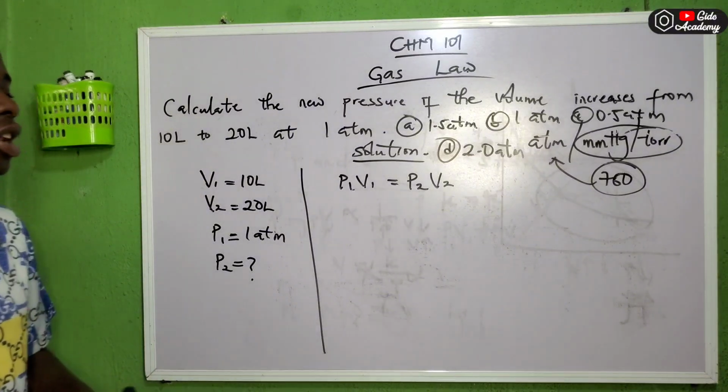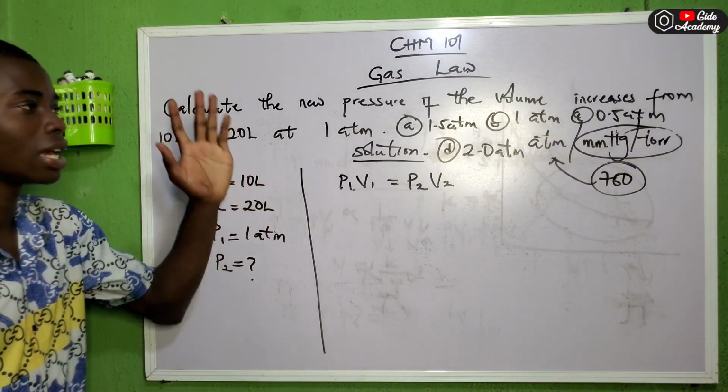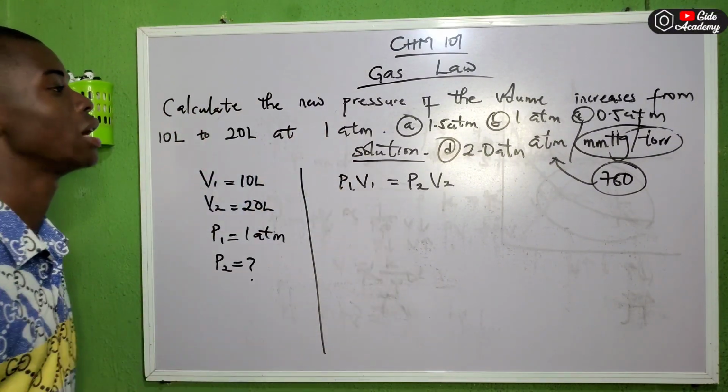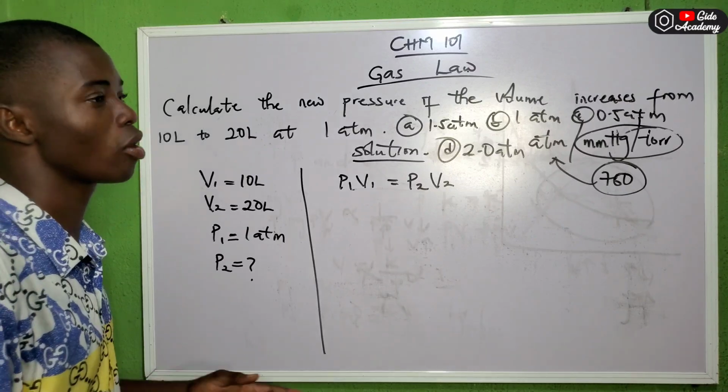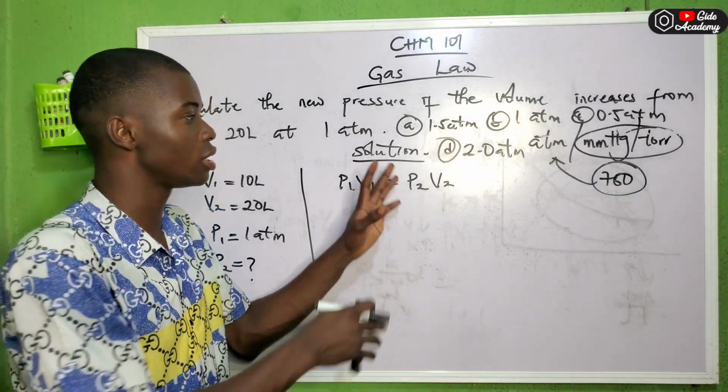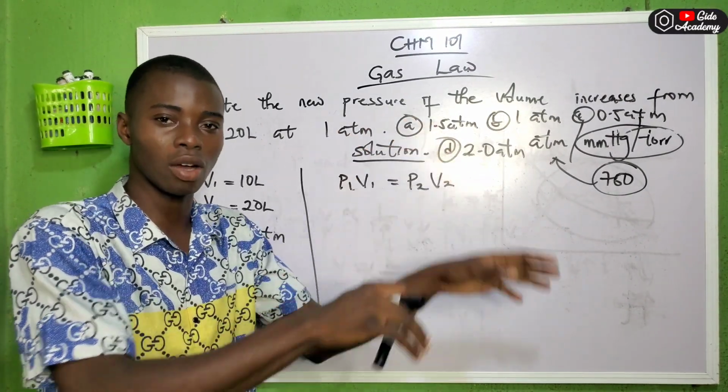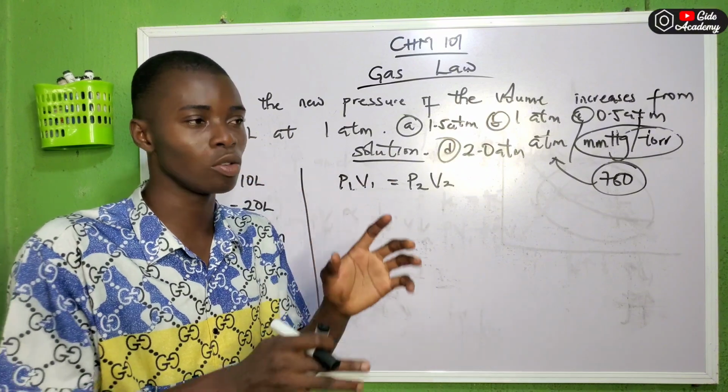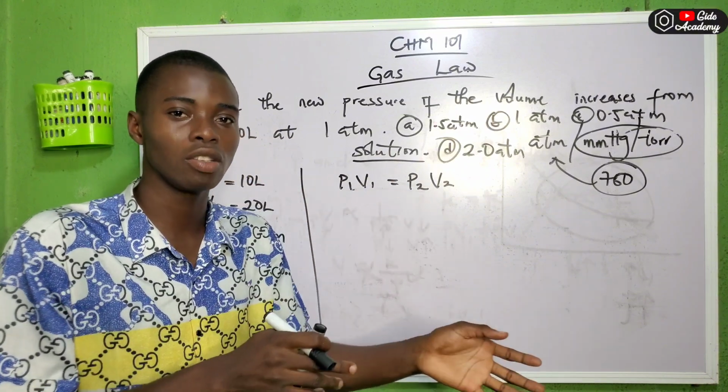Now if you have a question like this, it should be the easiest examination question so far. Like what I tell students, sometimes because of time you don't need to solve all these many calculations. To be smart, you look at the question very closely, then you pick your answer.